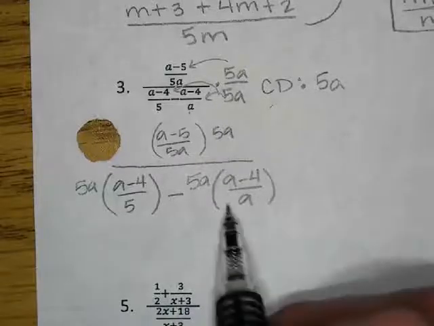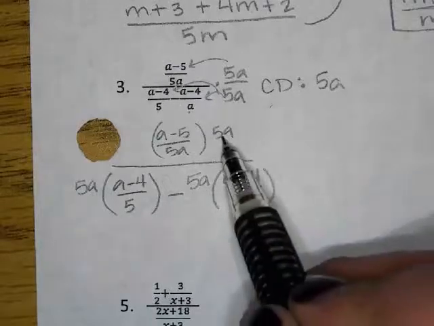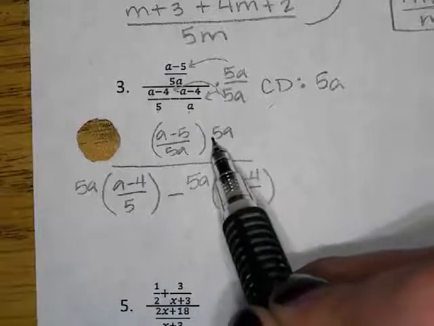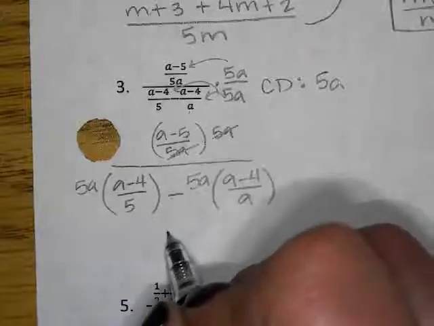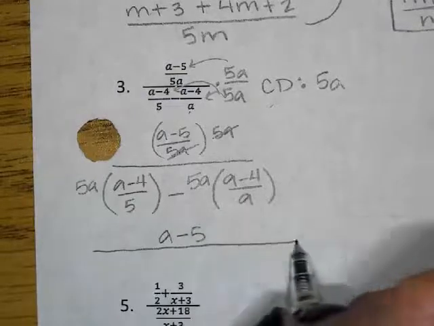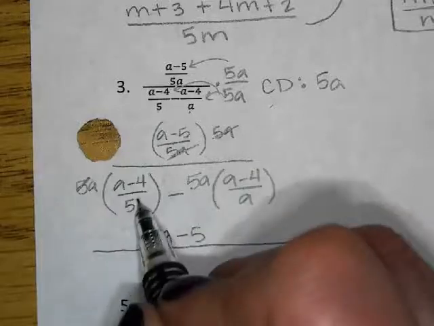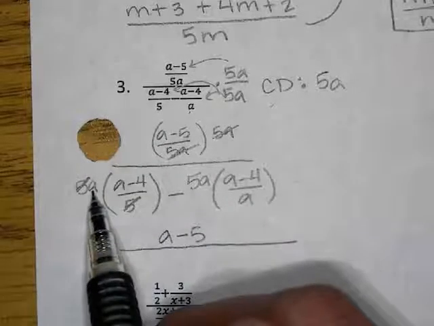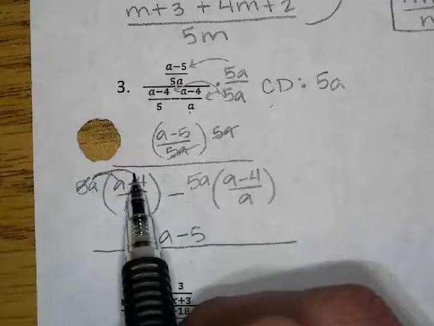Okay. So for the top, 5a and 5a is gone. So on the top of the fraction, we just have a minus 5, so that's pretty simple. On the bottom, the 5 cancels out for the first fraction, and then we have an a left over, and we do need to distribute that a. And so what do we have? A squared minus 4a.